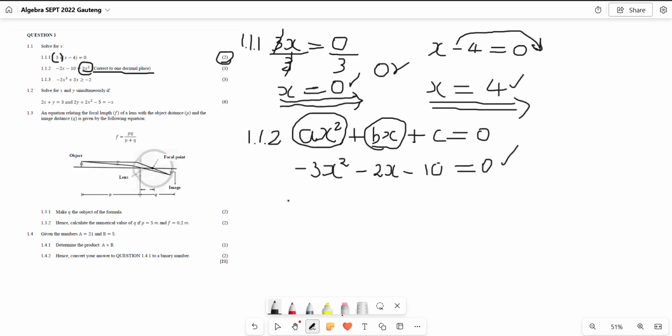We apply the quadratic formula, which says x is equal to negative b plus and minus the square root of b squared minus 4ac, everything else divided by 2a.